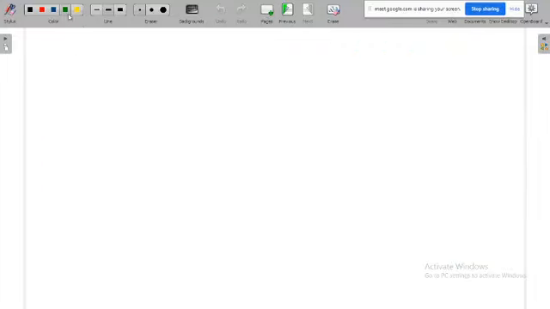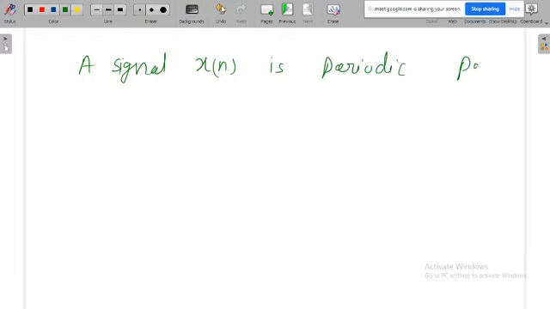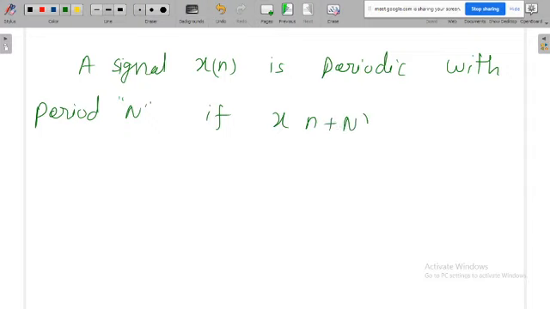A discrete signal x of n is said to be periodic with the period N if x of n plus N is equal to x of n, for all values of n.